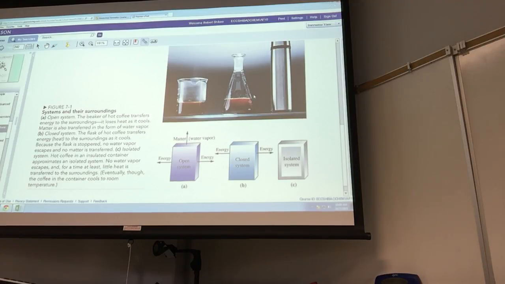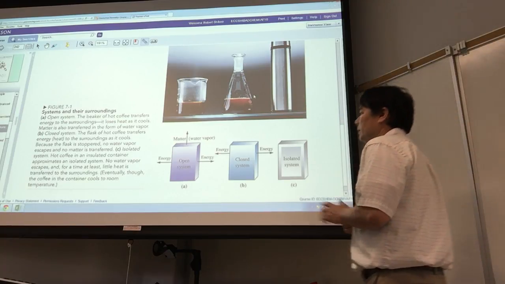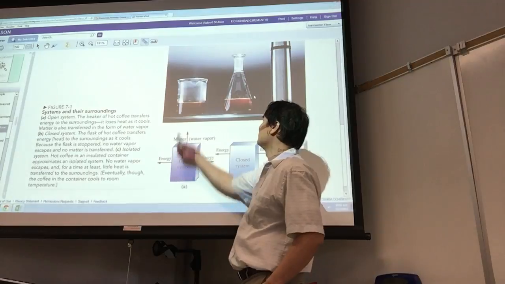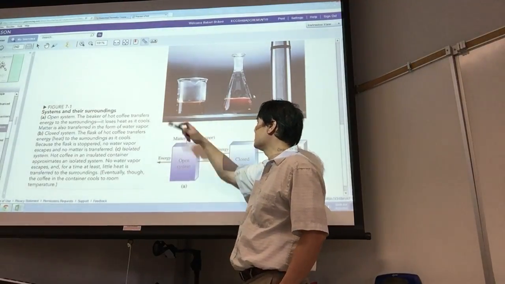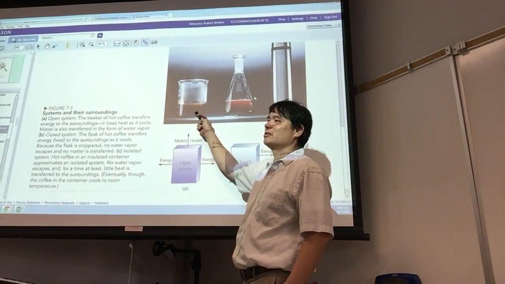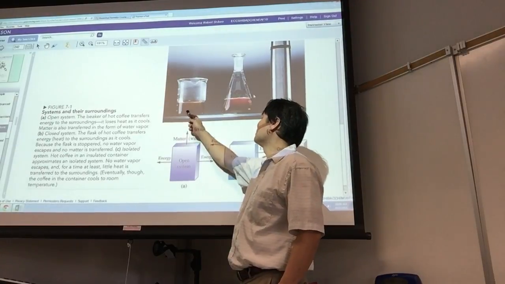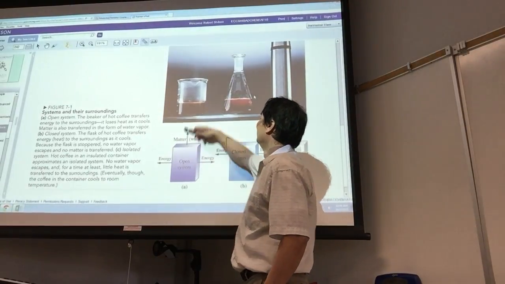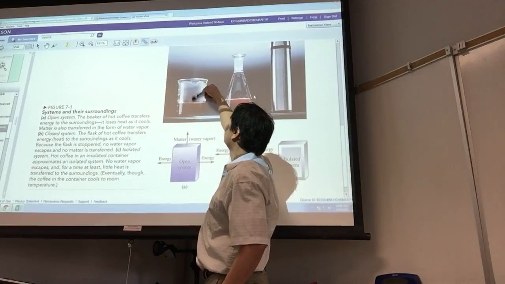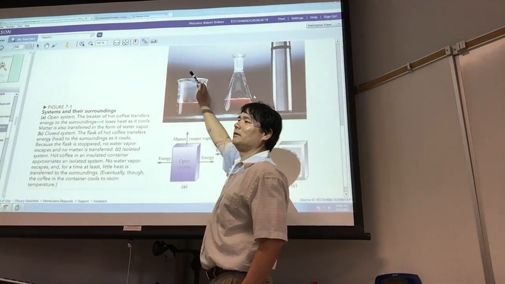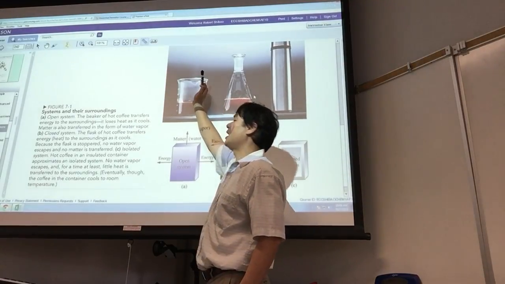We have different types of systems that we can consider. This is called an open system. This is an open beaker. So let's say we're interested in whatever this solution is. Well, whatever this solution is, we can see some steam coming off that, and the steam is going to escape out into the lab or wherever else.